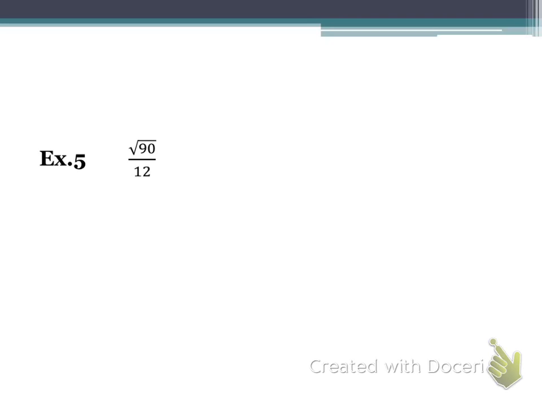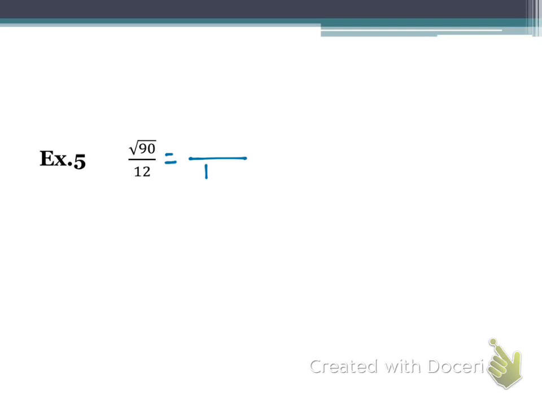All right, why don't you try number 5? It's very similar to the last couple that we've been doing. The only difference is that it does not have a number out in front to begin with. But our first step is still going to be to simplify the radical and then see if there's anything we can cancel out or reduce later on.